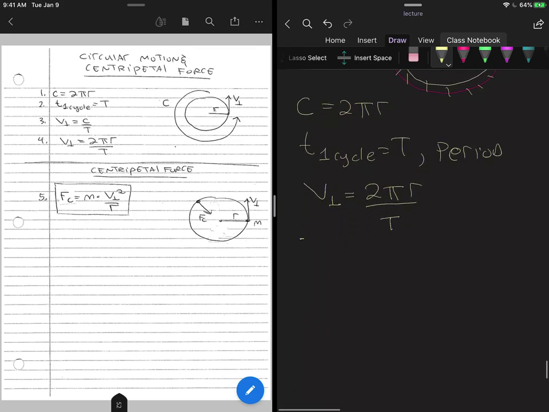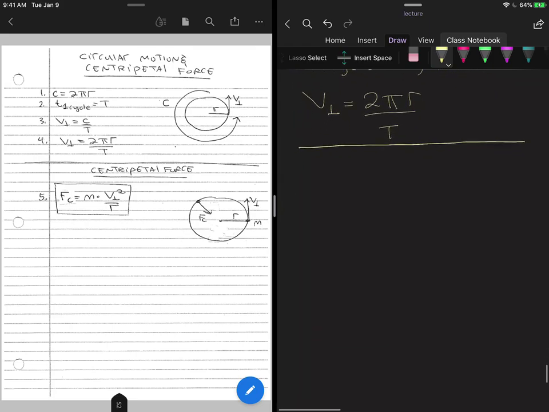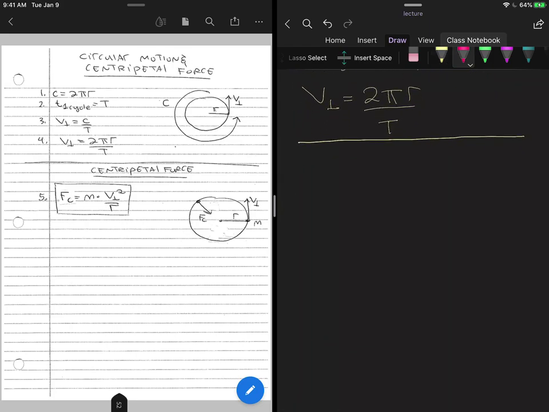Now let's see how we can include force into this equation, because what is causing this particle to move in a circle? Let's say again that this is the center here. You have the planet orbiting the sun. The planet wants to fly away and move off in a straight line with the velocity v. But what keeps the planet from flying away in our example is the force of gravity.